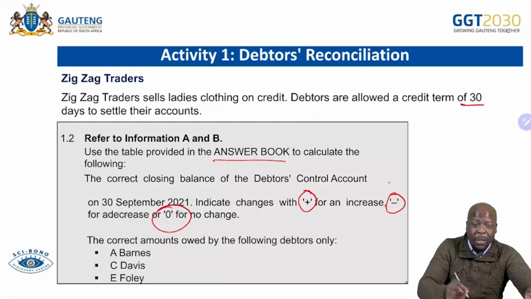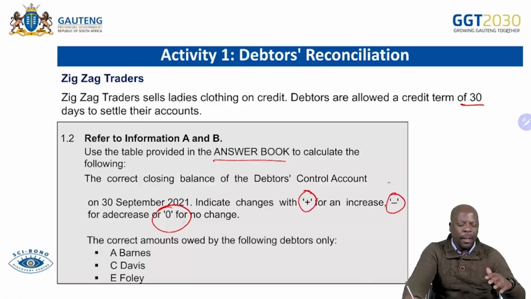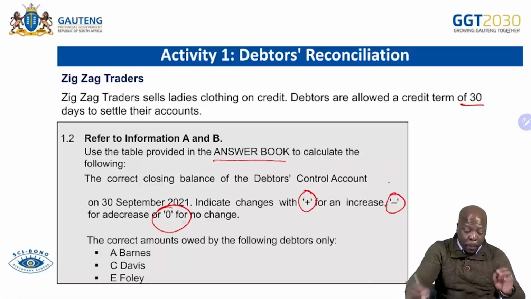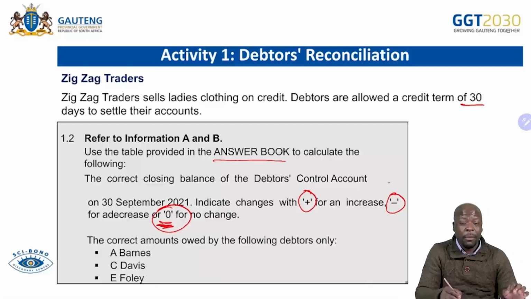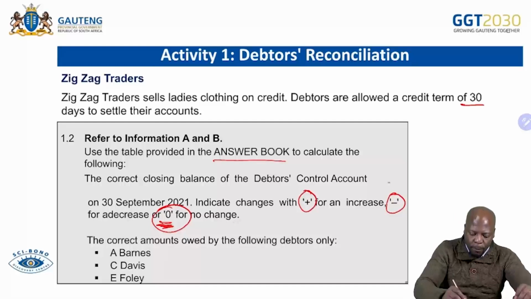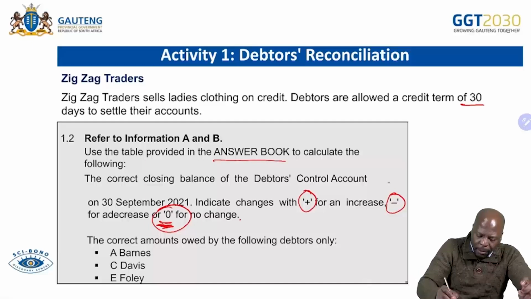This is very important. If you feel that this transaction does not affect the control, you should put a 0 for no change, because most of you would just leave it blank, but I want to encourage you not to leave it blank, but follow the instructions of the examiner. As in this case, they're saying put 0 for no change. Very important aspect here.